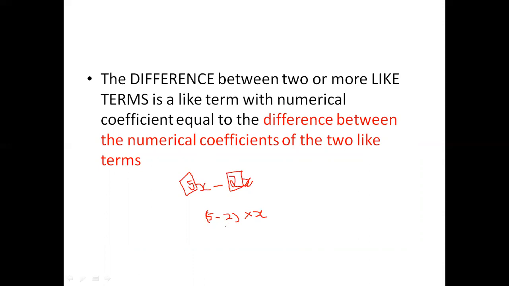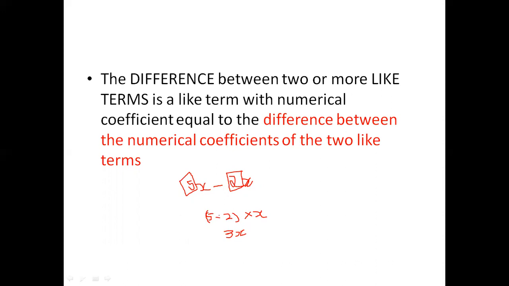So 5 minus 2 is 3, and multiplied by x will give me 3x. We will understand this better when we solve problems.